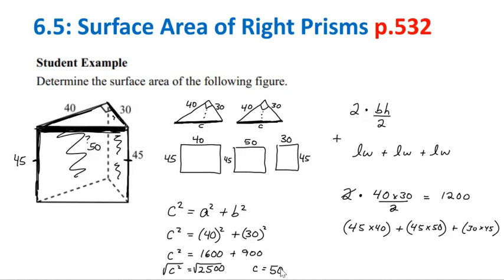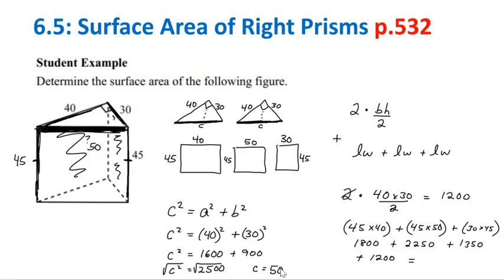Okay, so we can solve each of these. 45 times 40 is 1,800. 45 times 50 is 2,250. And 30 times 45 is 1,350. So those are all of our rectangle areas, plus the triangle areas, and we can put all of that together.